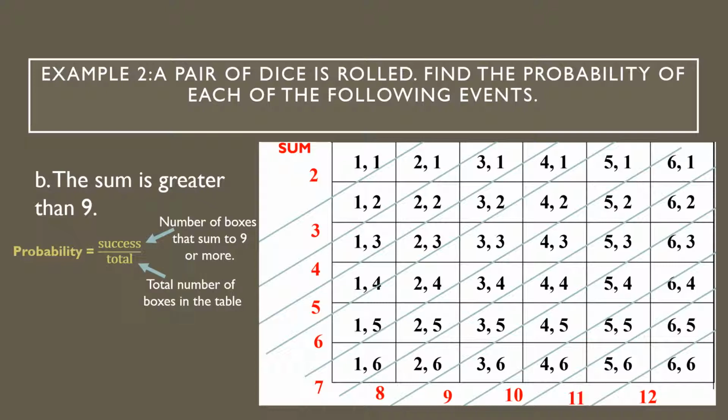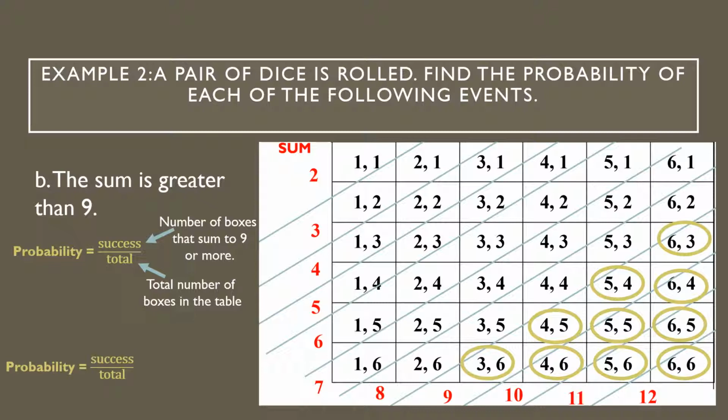Total, once again, will be the total number of boxes in the table, which we already know is 36. So let's count up the number of boxes that sum to 9 or more. 1, 2, 3, 4, 5, 6, 7, 8, 9, 10. All right, so there are 10 boxes that sum to 9 or more.